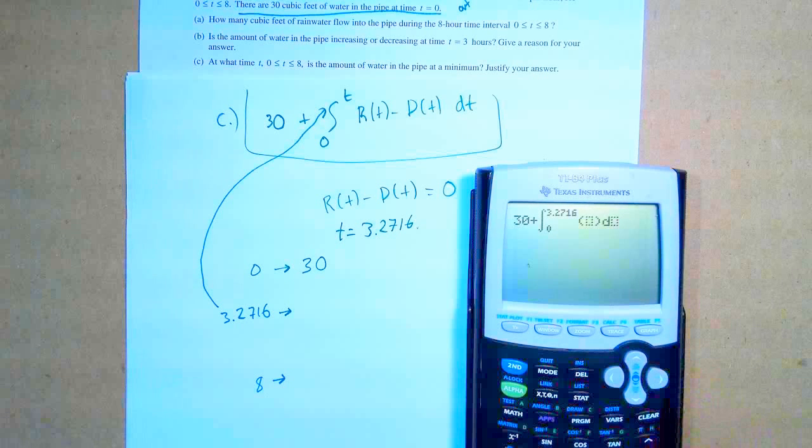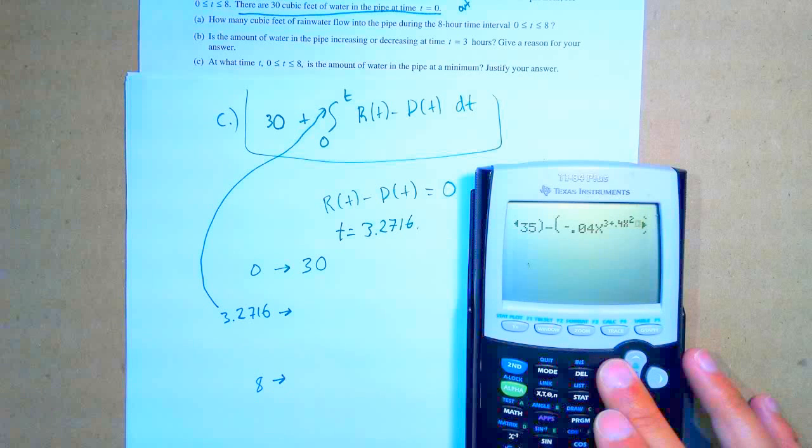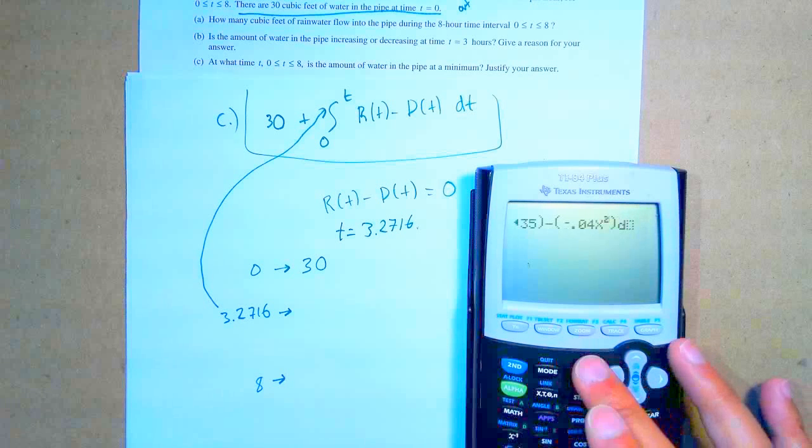So remember, R of t was 20 sine of x squared divided by 35, close it, minus parentheses, the other equation, negative 0.04 x cubed plus 0.4 x squared, which I put all in the exponent, so don't mind me.